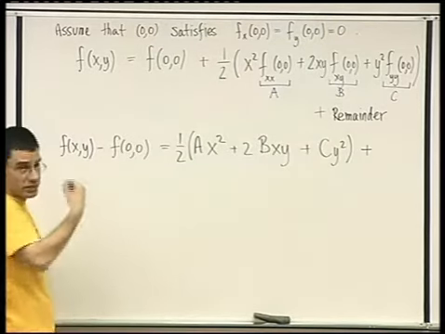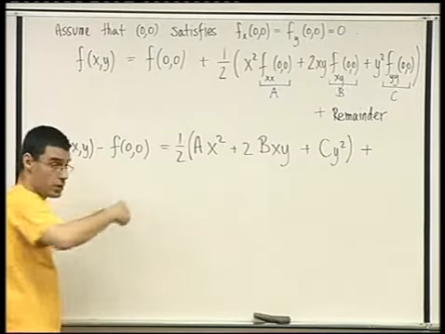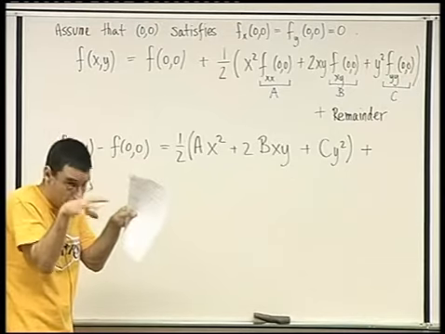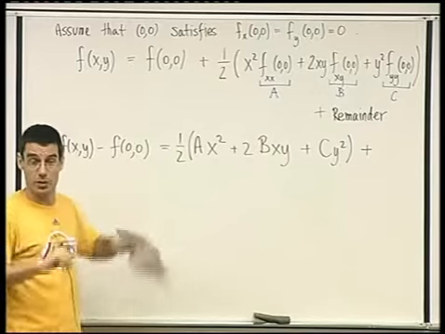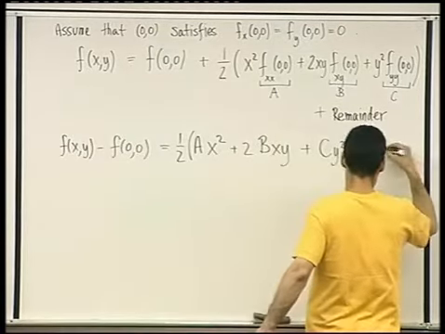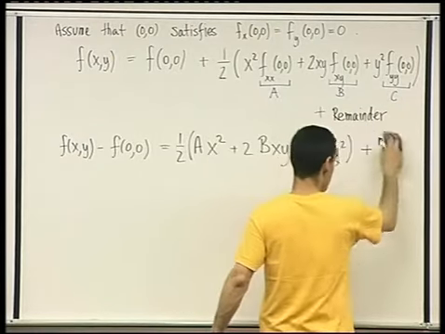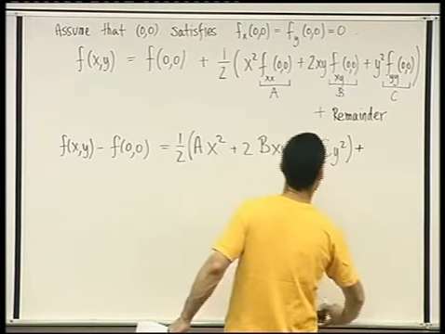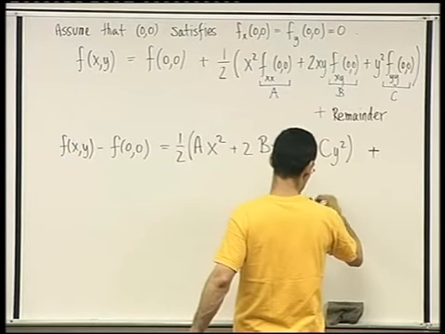When I'm looking at points near (0,0), when I'm looking locally, I'm just checking to see if (0,0) is a local minimum or a local maximum. I want to know if for points around (0,0), the values of the function are always smaller or always bigger. Is that clear? So I'm going to write here plus, I don't have room for the word negligible, plus negligible.